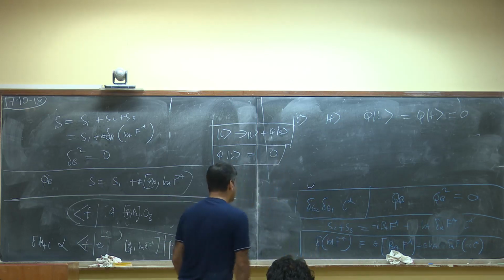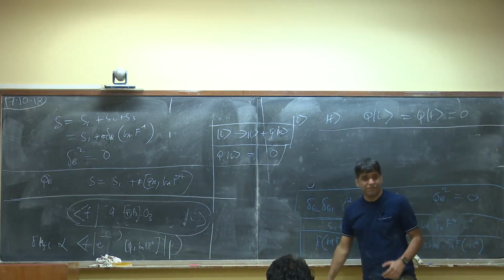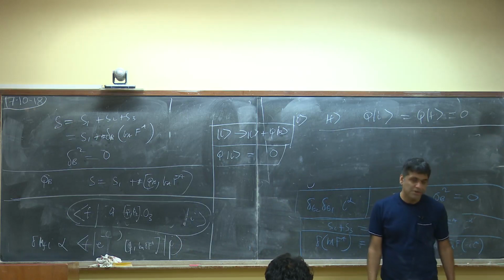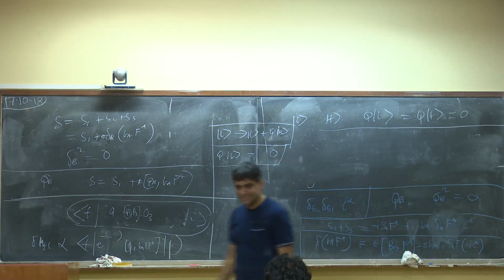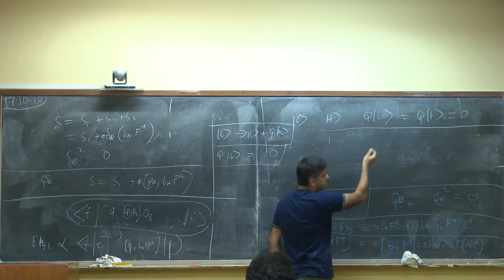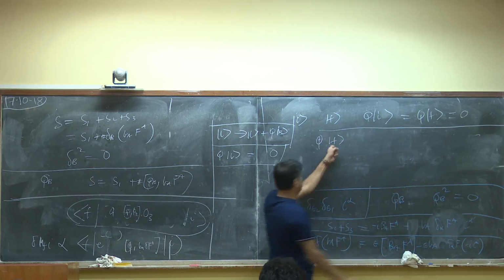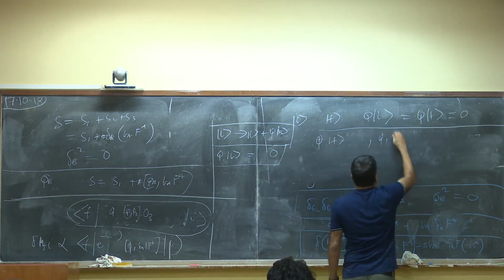Okay? So we come to the following conclusion. Both for states and for operators, we get gauge invariant answers for states and operators that are q closed. These are physical states, these are physical operators.